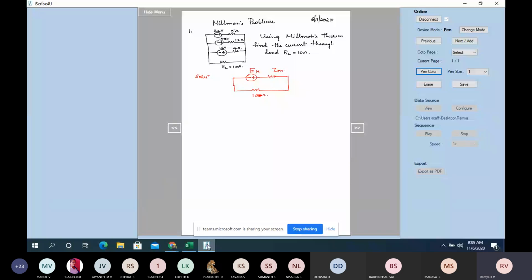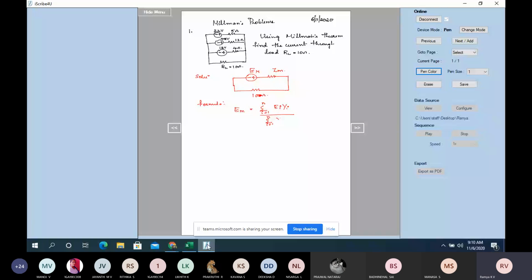So what is the formula for EM that we had discussed yesterday? EM was summation i equal to 1 to n of Ei into Yi, divided by summation i equal to 1 to n of Yi.